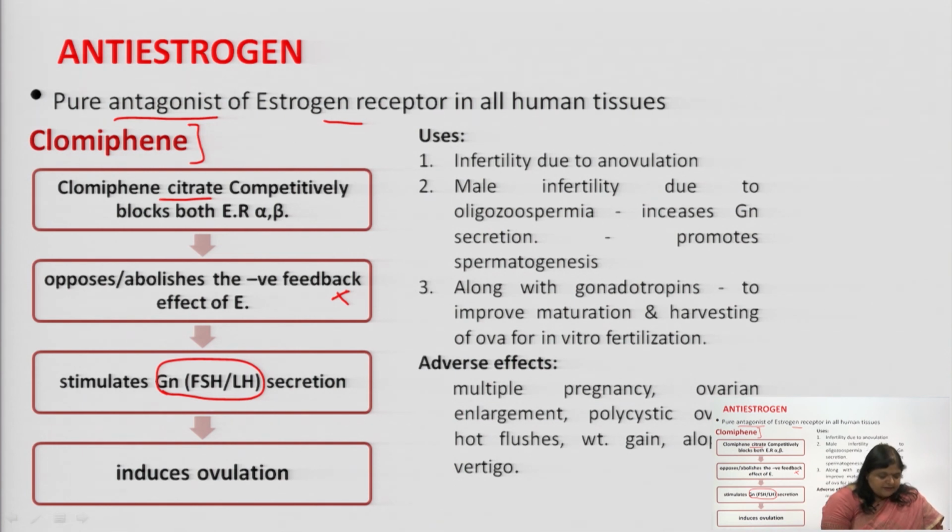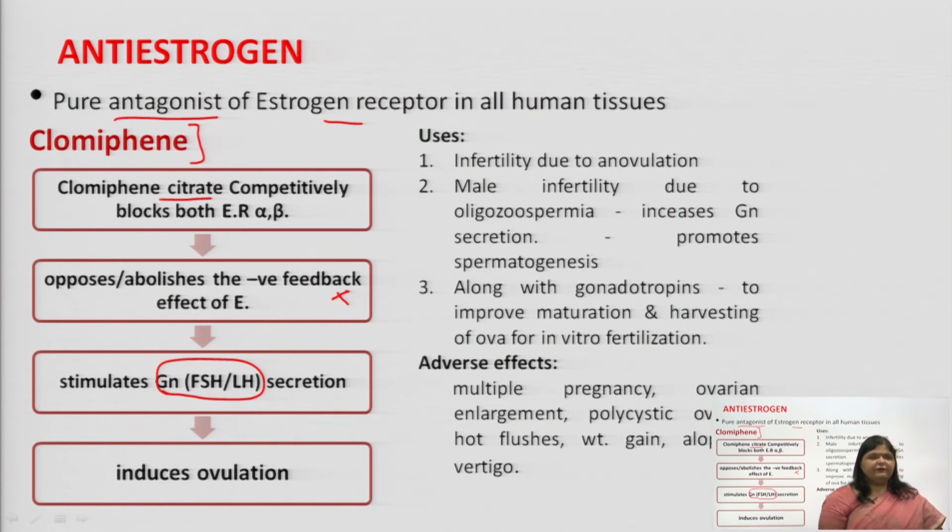Because it increases the secretion of FSH, it can promote spermatogenesis. Then it is also used along with gonadotropins to improve the maturation and harvesting of ova in IVF techniques. Clomiphene is one of the main drugs used here.